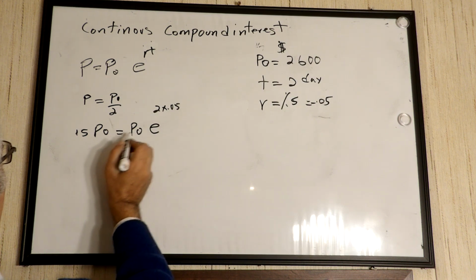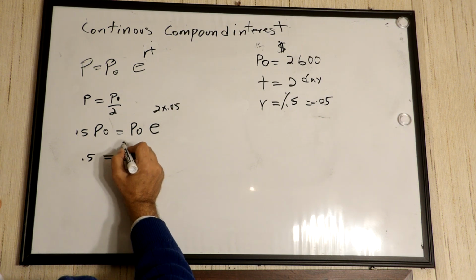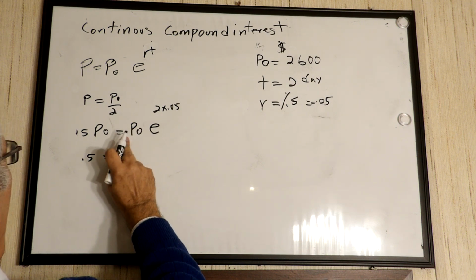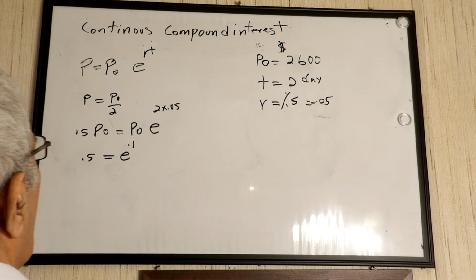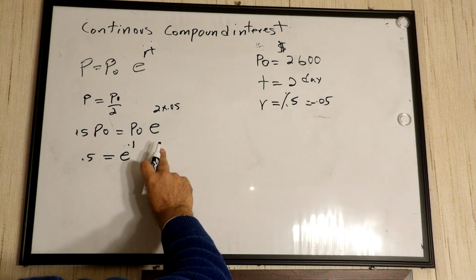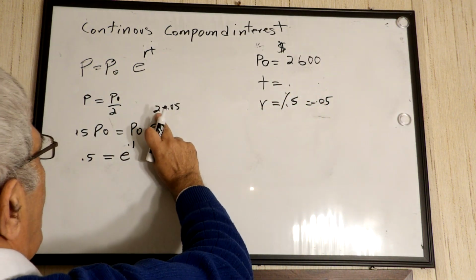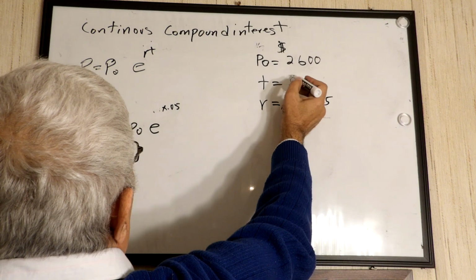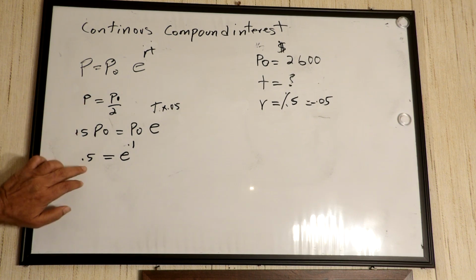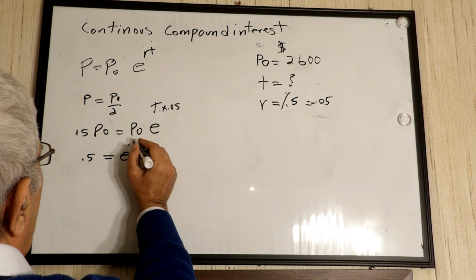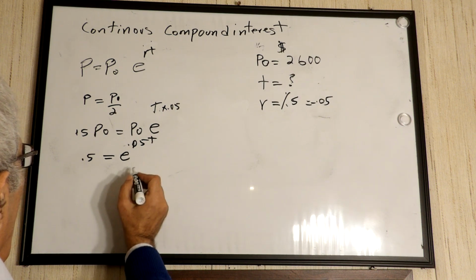So 0.5 is equal to e to the power of 2 times 0.05, which is 0.1. We are going to find out after how many days, T, it's going to be half of the material you had. So this is 0.05 T.